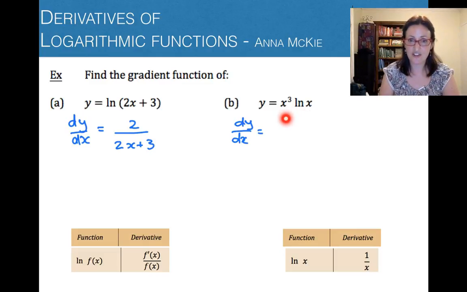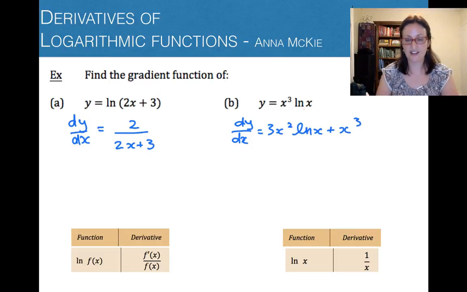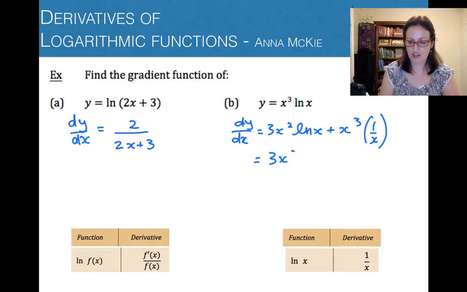The derivative of x cubed is 3x squared, leave the second function, and add on where you leave the first function and differentiate the second. And the derivative of ln x is just simply 1 on x. Oops, 1 on x. Let's tidy that up for good practice. Just referring to the last part, x squared.